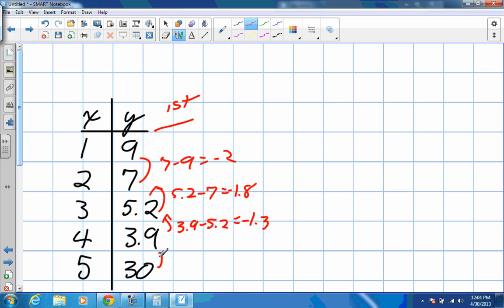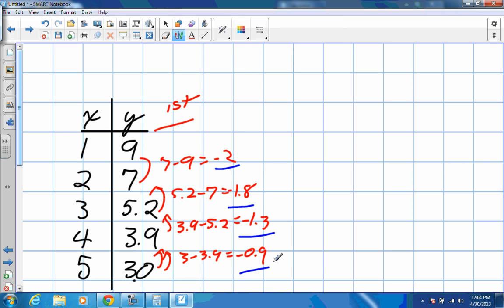And 3 subtract 3.9 gives us negative 0.9. So these here aren't quite changing by the same amount. We went from negative 2 all the way down to negative 0.9, each time decreasing. Most likely this is not a linear relationship.